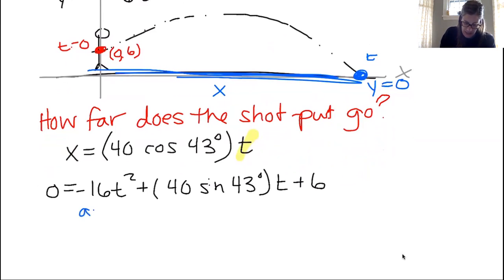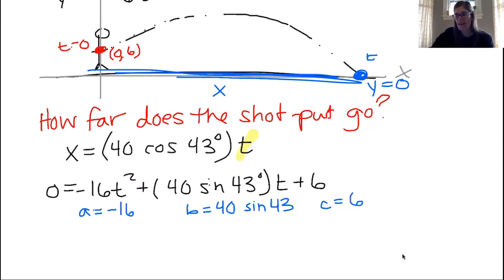A is equal to -16. We have B equals 40 sine 43. And we have C equals 6. This last term doesn't have a t in it, so we will have to use the quadratic formula.